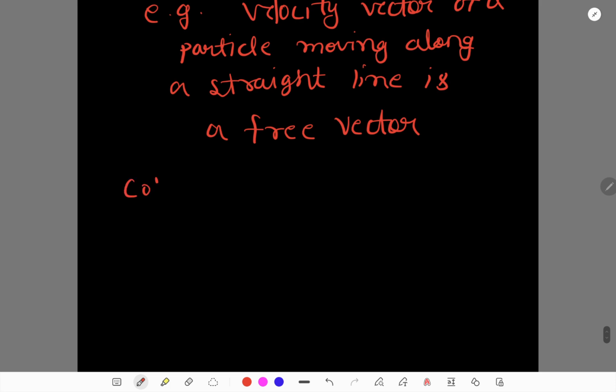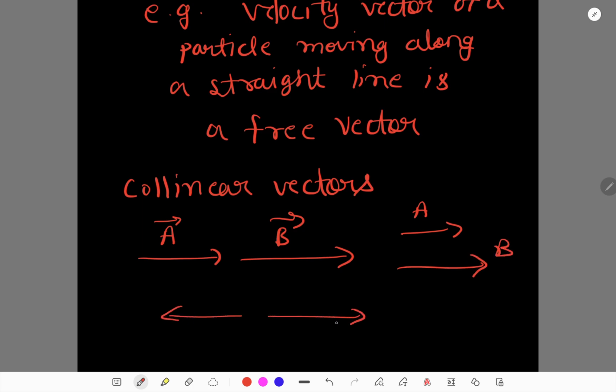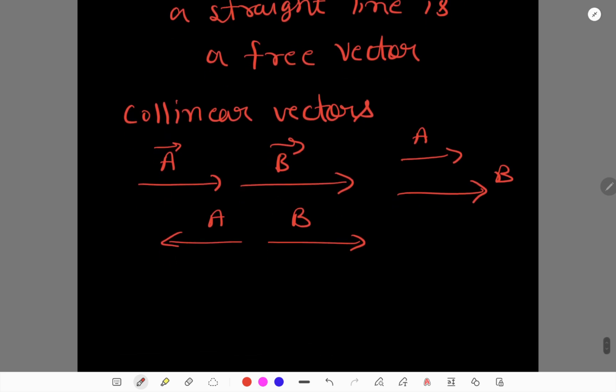Now collinear vector. If two vectors are in the same direction or parallel or anti-parallel, then we can say that the vectors are collinear vectors.